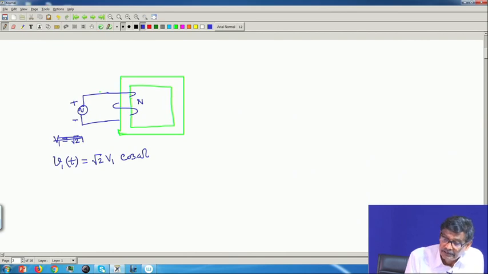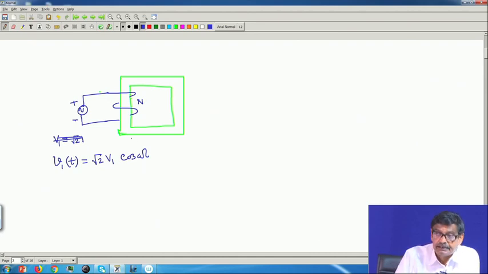Now, if you pass a sinusoidal voltage across the coil, in case of a DC magnetic circuit, when the current is constant, you calculate Ni, the MMF, divided by reluctance, to get the flux.